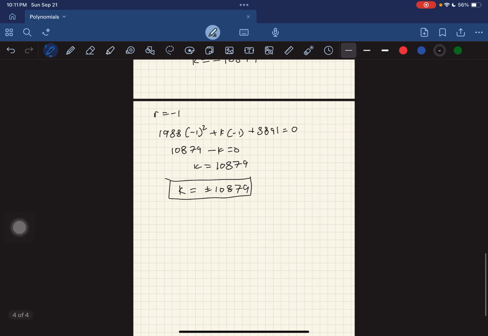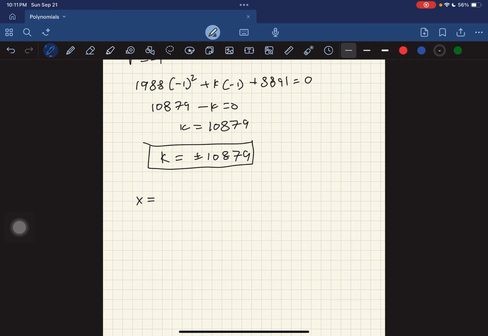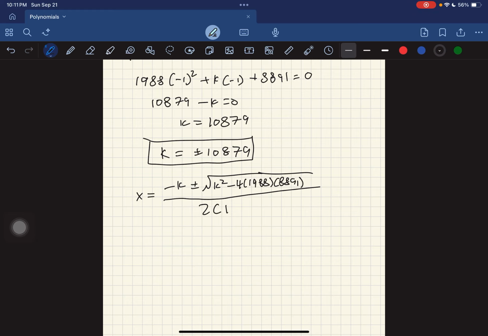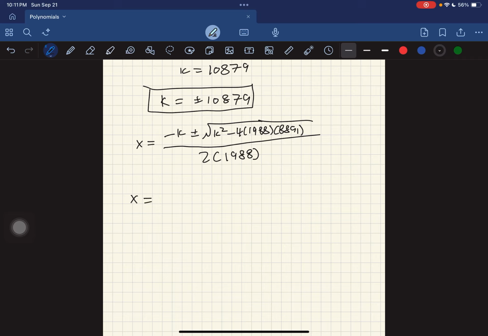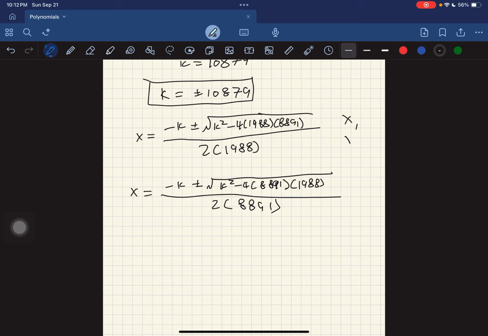What we could have done is just used the quadratic formula twice, on both of the polynomials. The discriminant is going to be equal to k squared minus 4 times 1988 times 8891, and this is going to yield us x1 and x2, and then this is going to yield us x3 and x4.